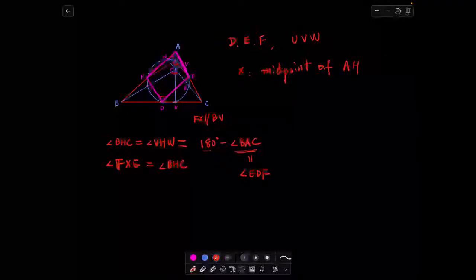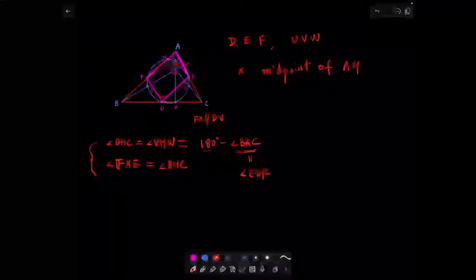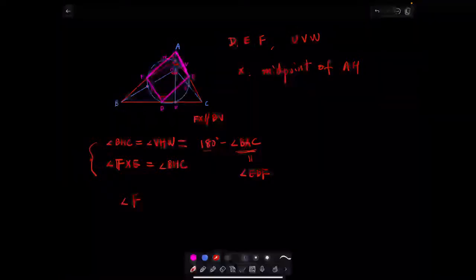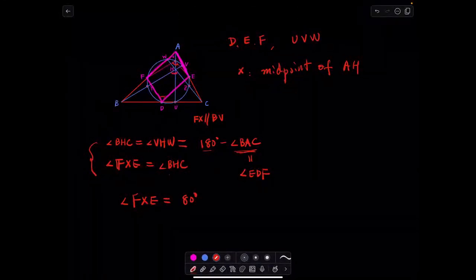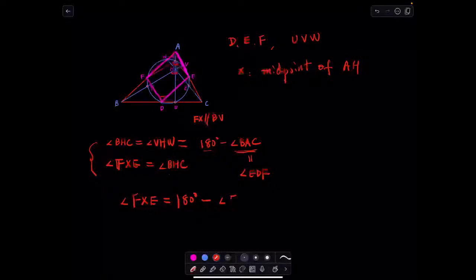So if we combine the two, what do we have? We have FXE equals 180 degrees minus EDF. The pen somehow is very sluggish here. What are the two angles?